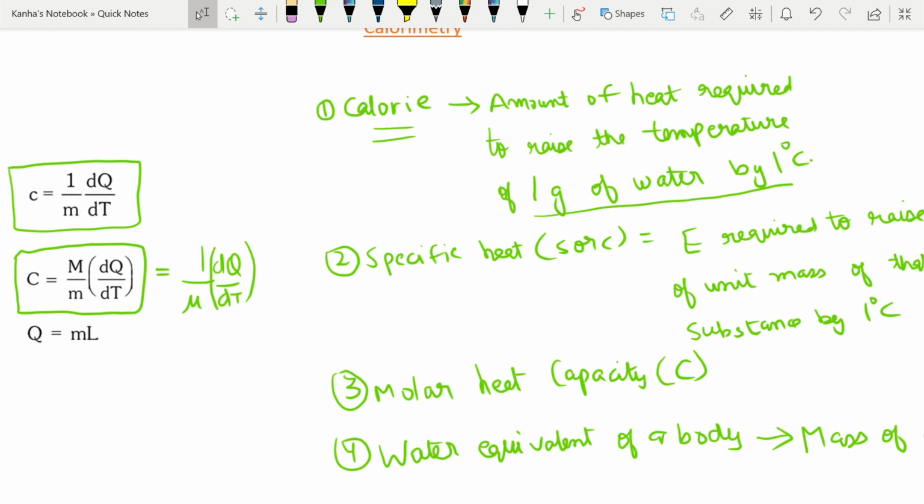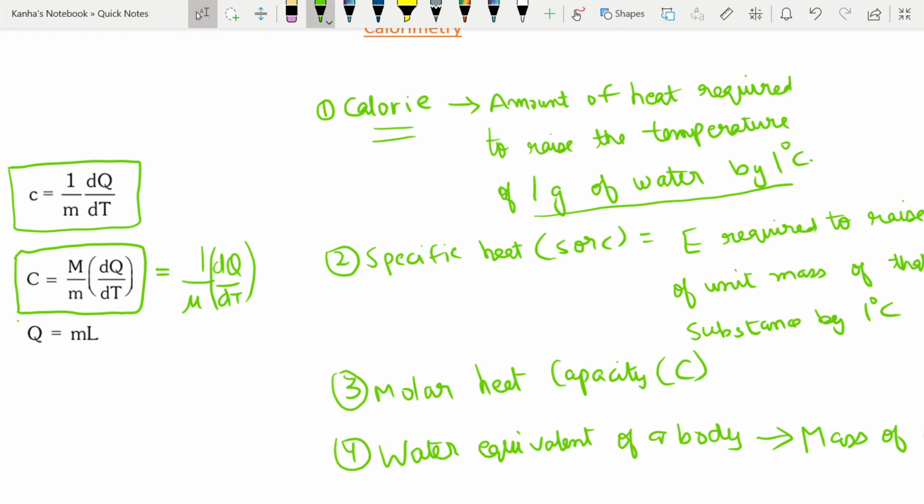Next we move on to latent heat or hidden heat. When the state of a body changes, for example from liquid to solid, solid to liquid, or liquid to gas, this takes place at a constant temperature. While the state is changing, the temperature of the substance does not vary, and some heat is released or absorbed.